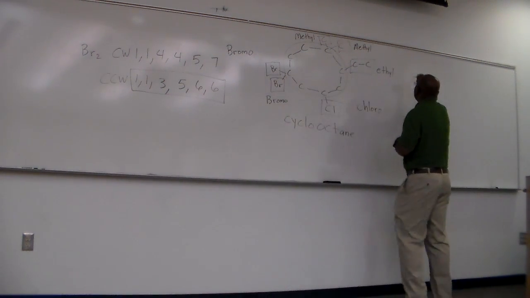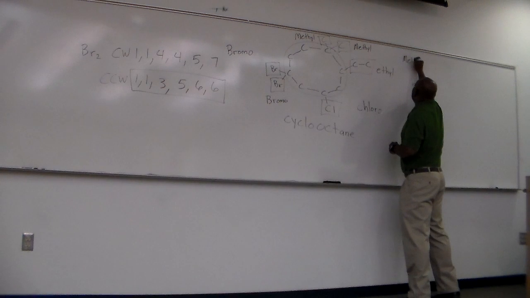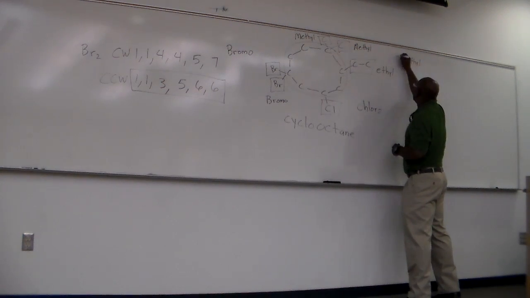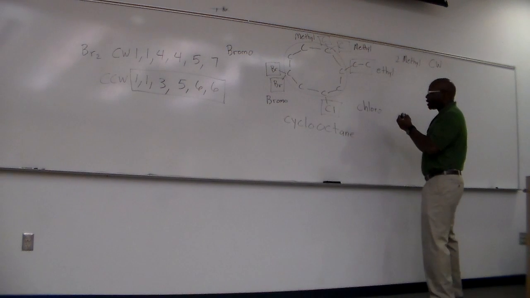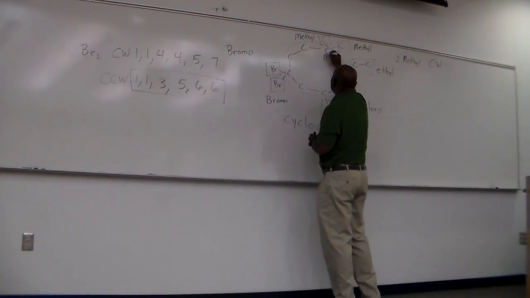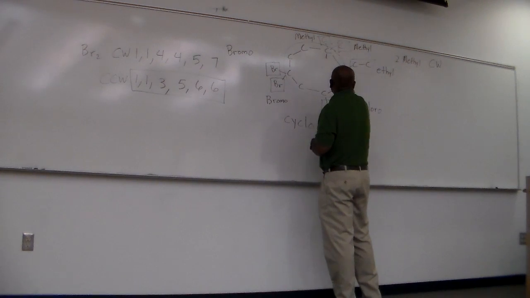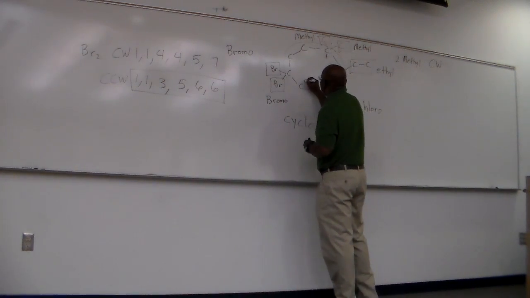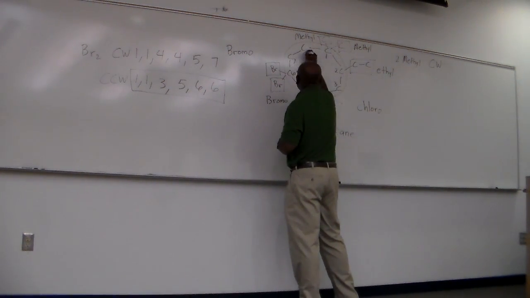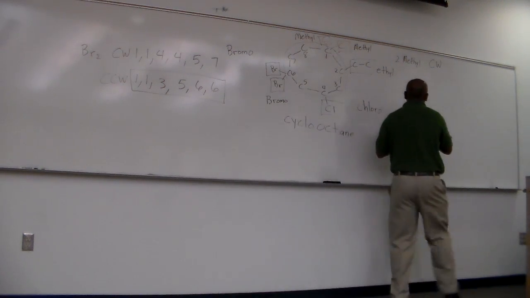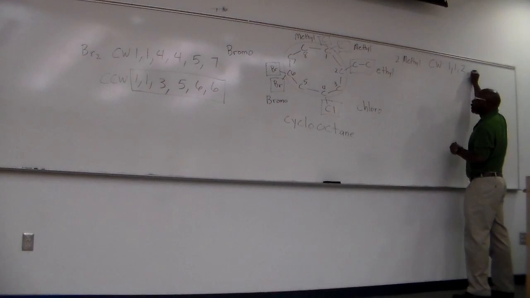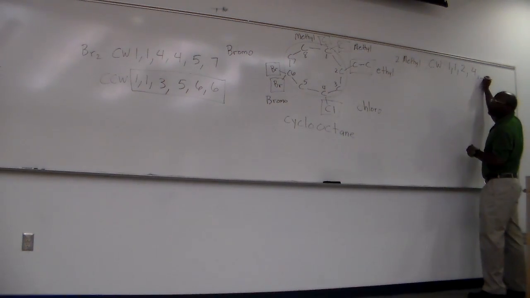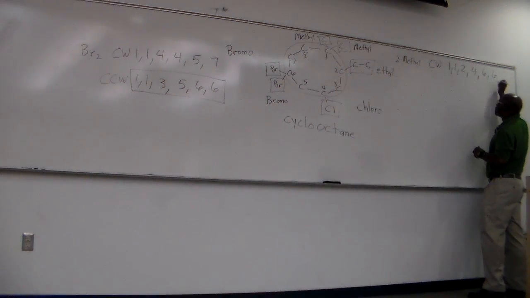For the 2 methyl groups, if I go clockwise, this is number 1. This is 1, 2, 3, 4, 5, 6, 7, 8. Clockwise, the numbers are 1, 1, 2, 4, 6, 6.